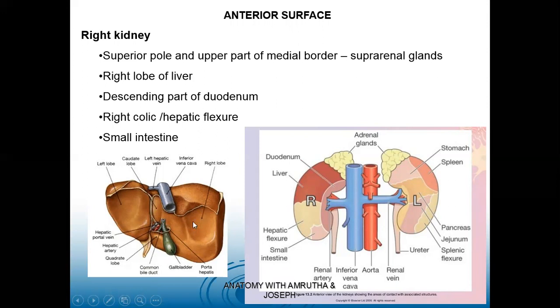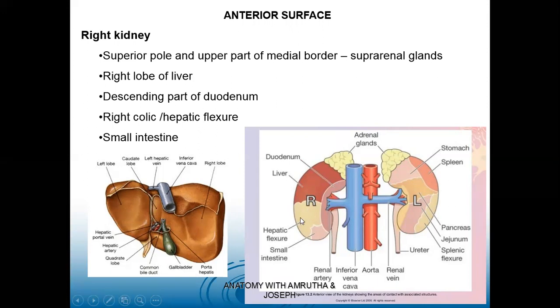The medial border, this area, is related to the duodenum, the second part of the duodenum, that is the descending part. This area is related to the right colic flexure.